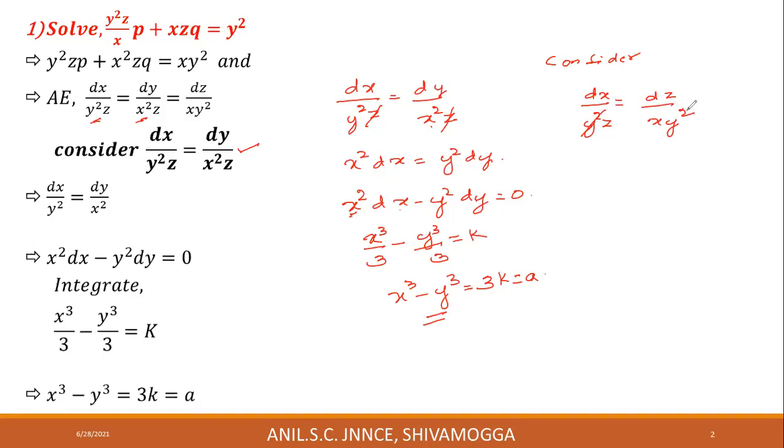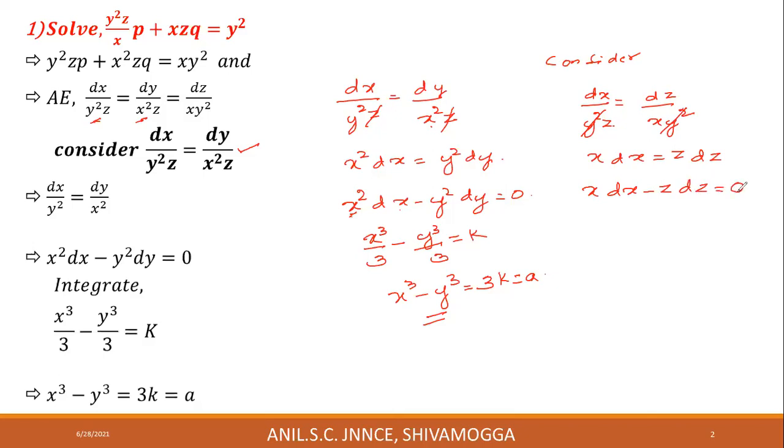You cancel this y square with this y square. x into dx is x dx. This is equal to z into dz. Or you can write it as x dx minus z dz is equal to 0.